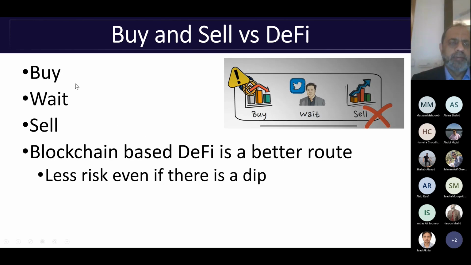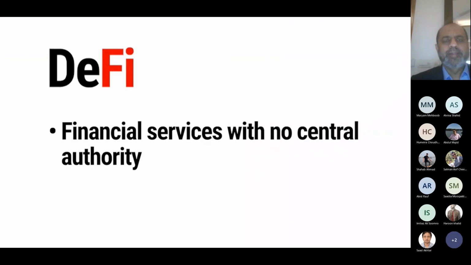Instead of getting into this, blockchain-based DeFi is a better route. It has less risk, even if there is a dip, because it will automatically take care of that dip and will ensure that it only plays in the margins which you assign or which the DeFi platform assigns to the investment. So this is financial services with no central authority.